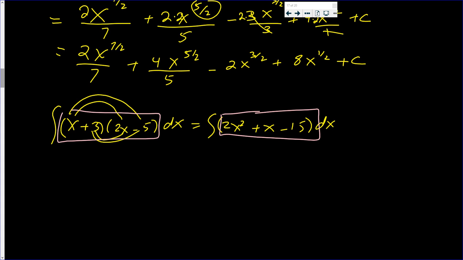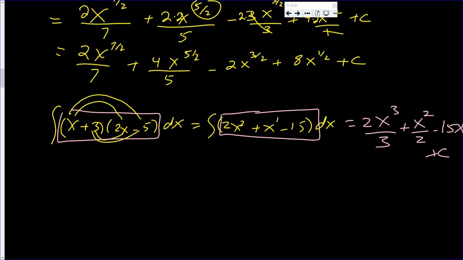So I get 2x to the 3 over 3. There's an understood 1 there, so I get x squared over 2, minus 15x plus c. The integral of a constant is kx.